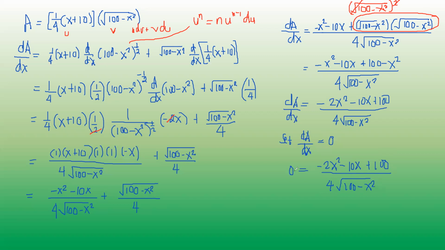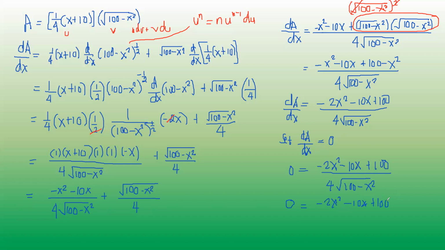And we're going to cross multiply. Itong 4 square root of 100 minus x squared times 0 is still 0. Kaya 0 na lang equals negative 2x squared minus 10x plus 100.